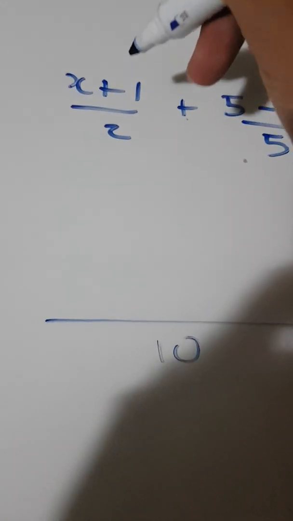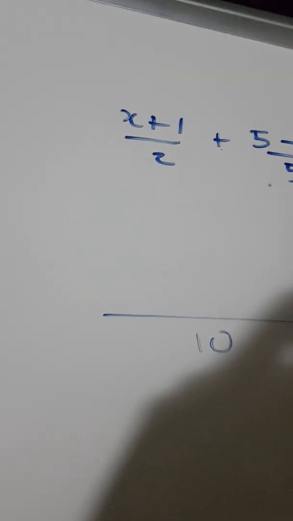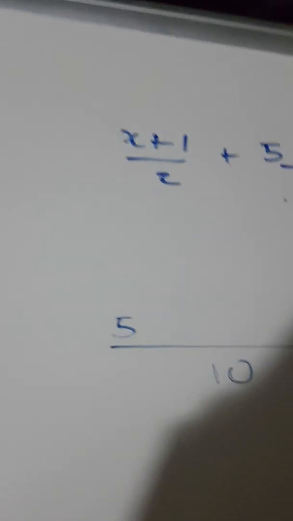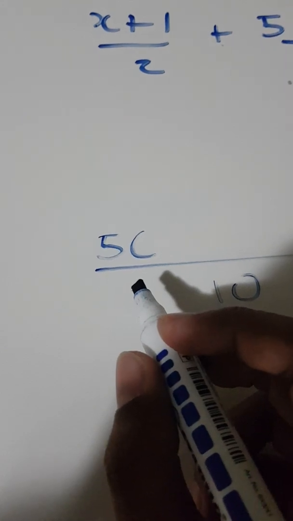So this entire numerator on top here, x plus 1, has to be multiplied by 5. So 2 into 10 is 5, but not here. And we know that when we have a bracket, everything inside the bracket is multiplied by the number outside of it.